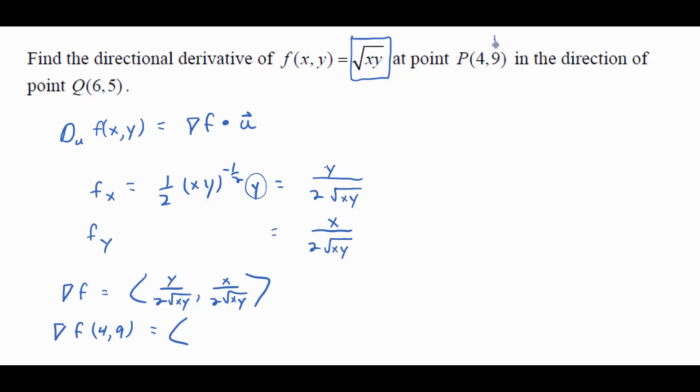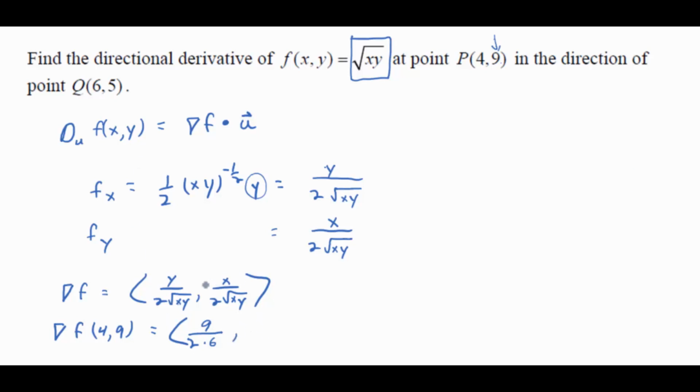We'll start with 9 on top, right? That y value right there. 9 over 2 times 6, right? Square root of 36. Square root of x times y, 4 times 9 is 36. So 2 times 6. Would everybody buy that? I'll simplify that in the next step.